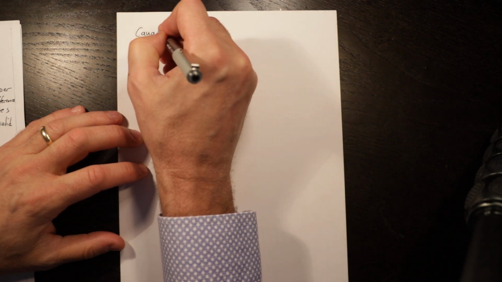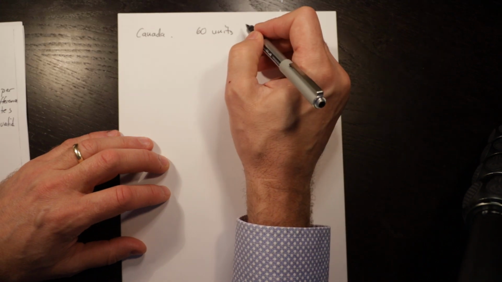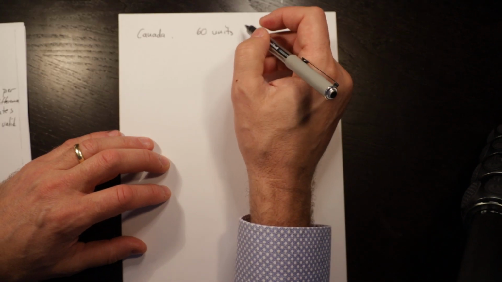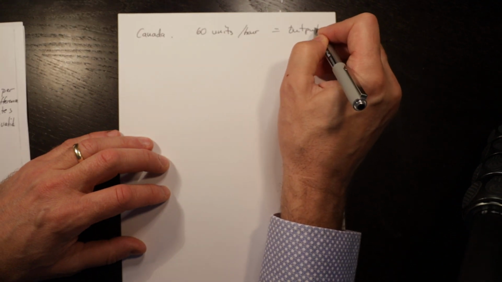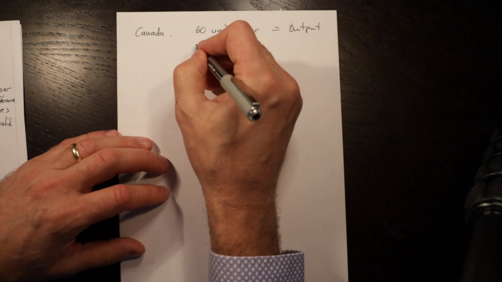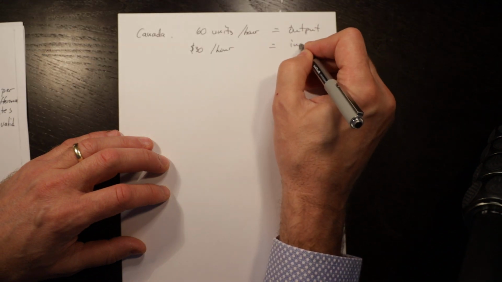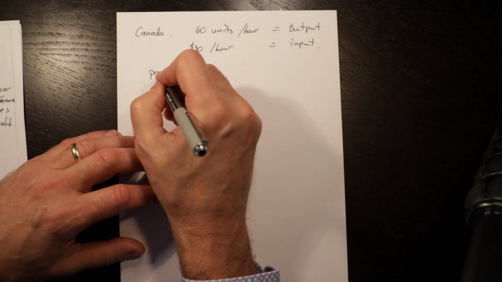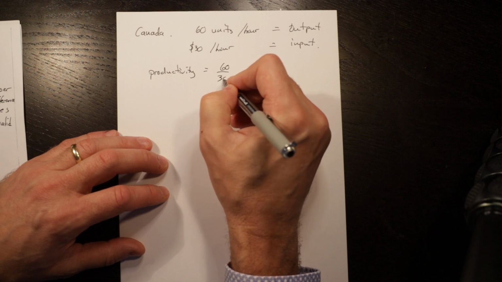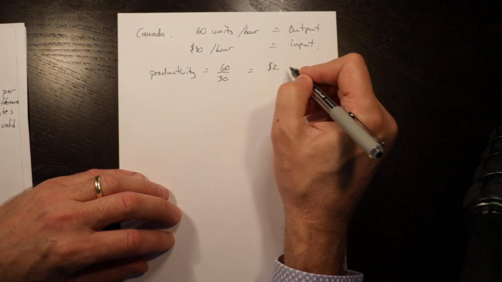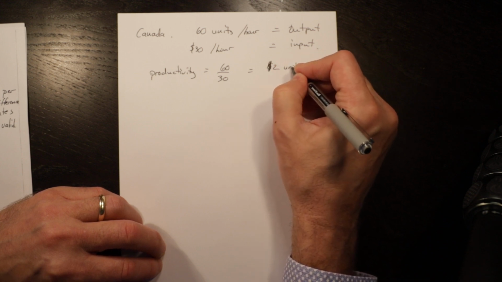So Canada: 60 units per hour is output. $30 per hour is input. Productivity is equal to 60 divided by 30 is equal to 2 units per dollar.